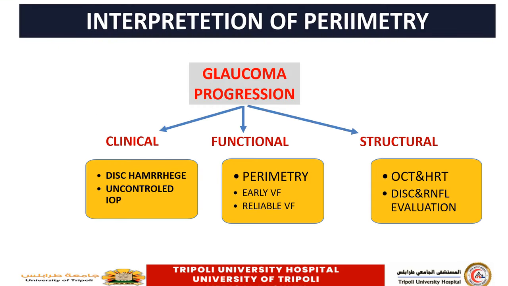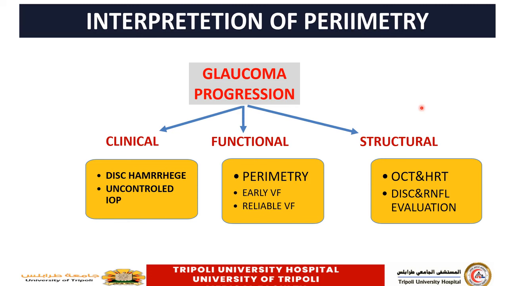Glaucoma progression can be classified as structural progression, functional progression, or clinical progression. Now, all of them should be taken into consideration to handle the patient's data and to come up with a final conclusion, as the structural assessment should not be done away from the functional changes.